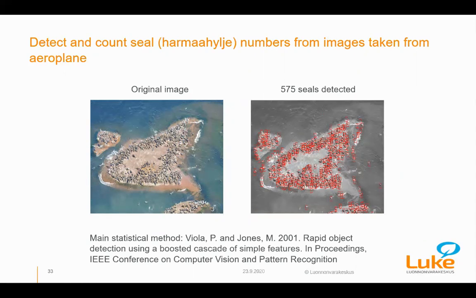Here, at least in the original image, we can see the seals, but the traditional way has been that someone really takes this image, zooms it and counts the number of seals by hand. It helps minimize the labor quite a lot when these computer vision techniques can be used to help count the number of seals in this image.